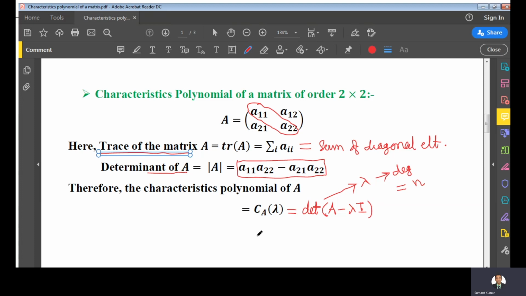In this case we are taking n equal to 2.